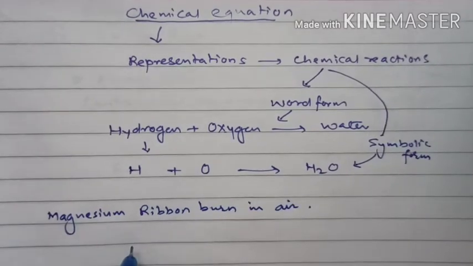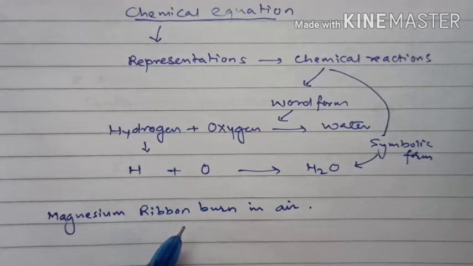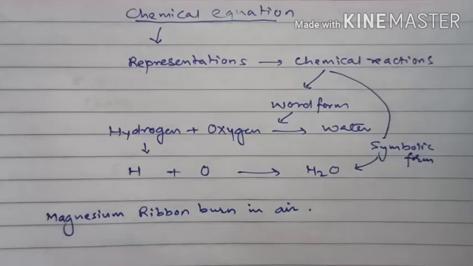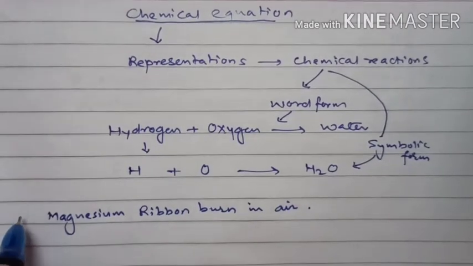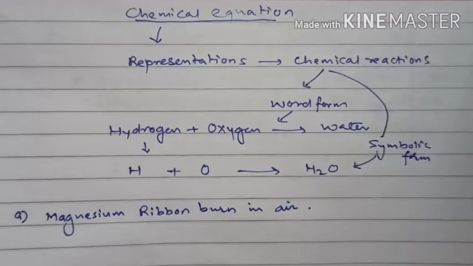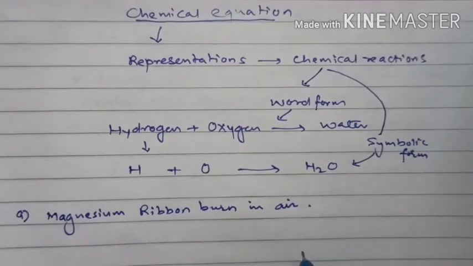In the last lecture I showed you a video. When a magnesium ribbon is burning in the air, it gives a dazzling flame and a precipitate is formed, and that precipitate is called magnesium oxide. This is our first example of a chemical equation which we are talking about today, in sentence form.